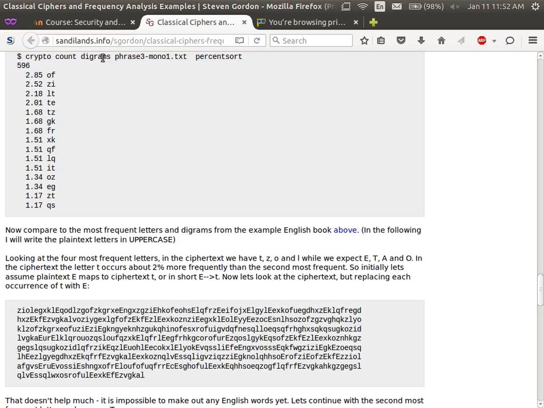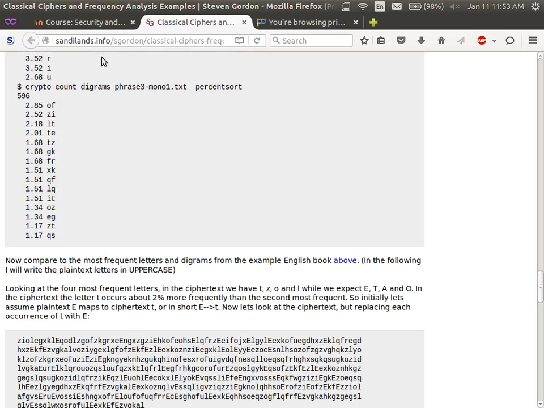In English, the most frequent pairs are things like TH, AN, ON, and so on. Q followed by X is very infrequent in English. So the frequency of digrams in the ciphertext and expected frequency in the plaintext can also be used to start to guess the mapping.